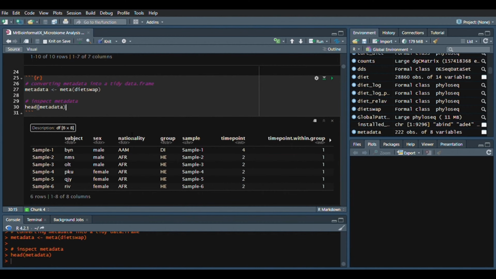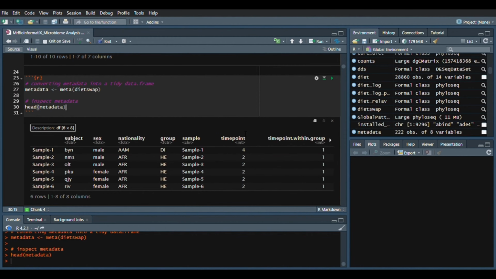Then nationality. We have AAM and AFR. The AAM is for African American and AFR for Native African. It's important for dietary and microbiome comparisons. And then group, a general classification of the subjects indicating their dietary or treatment group. Then sample, then time point, and time point within group.